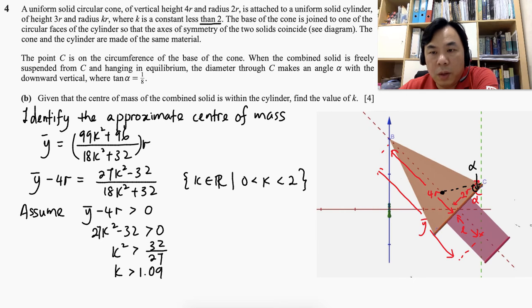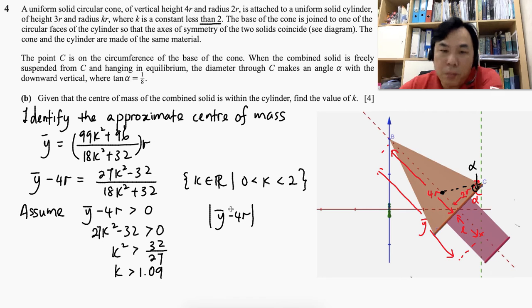All you need to do is take the magnitude of the difference here divided by the radius of the cone itself, which is 2r, and that would yield tangent alpha, which is equal to 1 over 8.